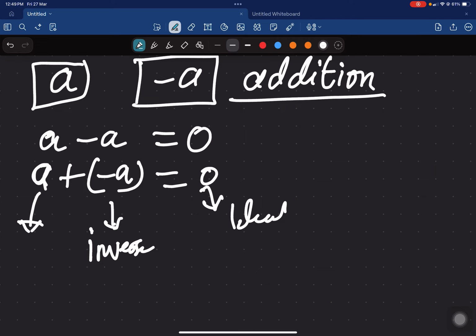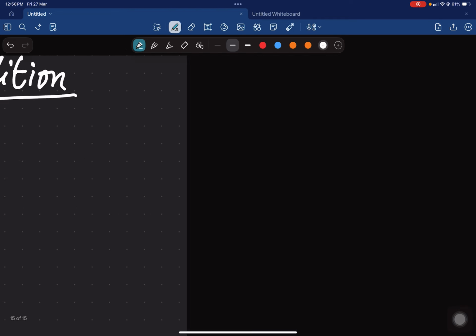Okay, now let's move on with the next property called the closure property of multiplication. When we are talking about multiplication on the set of integers, it simply means that anytime you take 2 or more integers and multiply, your result should be an integer.